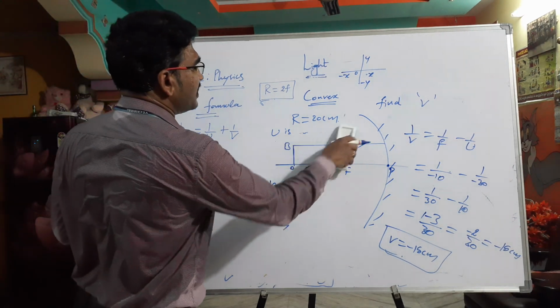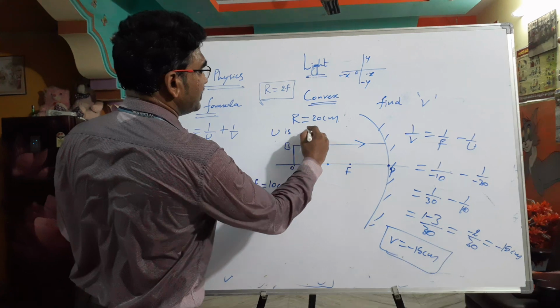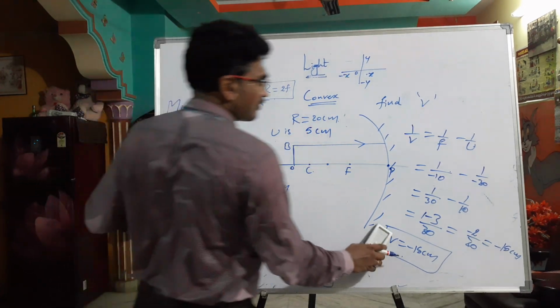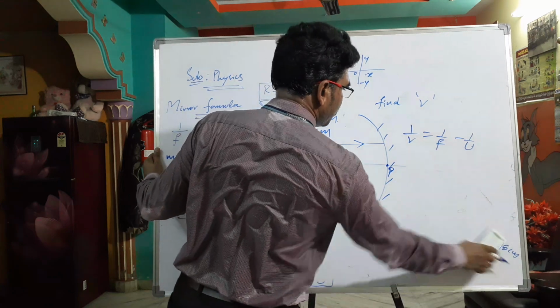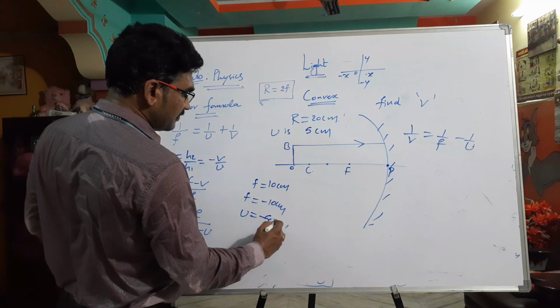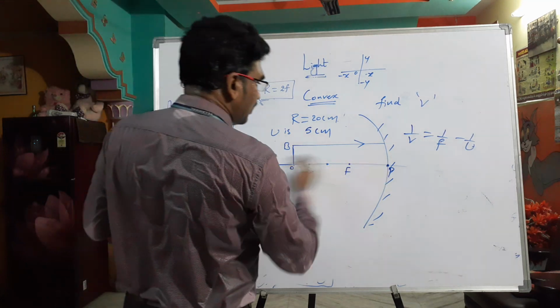When the object is at 5 centimeters, for example, it is again minus 5 because the object is here.